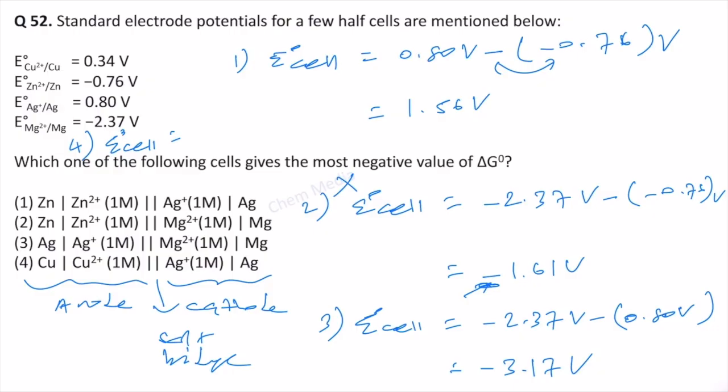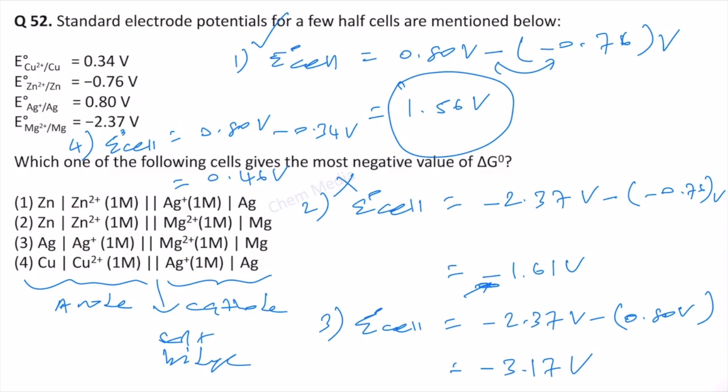So cathode 0.80 volt minus anode 0.34 volt. So this will be positive 0.46 volt. So here we have positive 1.56 volt, and then we will be multiplying with the 2 and then the Faraday constant. So this will be most negative.